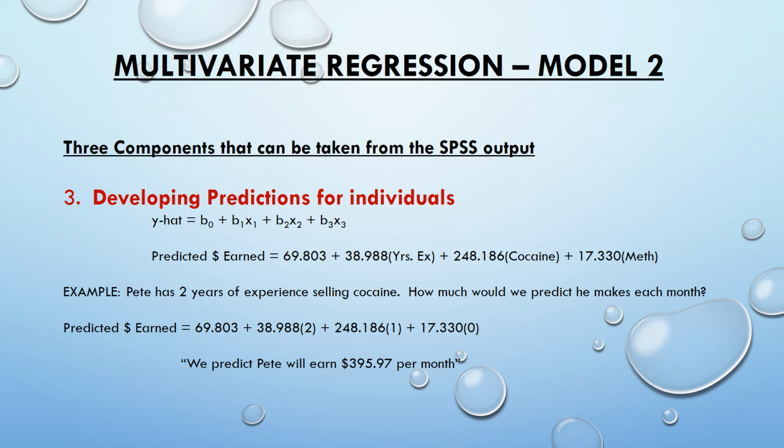And then finally, when we look at developing predictions for individuals, just to give you a quick glimpse, this multivariate regression has a total of three B's, right? 3 independent variables. You have your constant B0, which doesn't really count, and then you have B1, B2, B3. As you're working with larger samples or trying to put in more factors, you can imagine a regression model that could have 5, 10, 15 predictors.